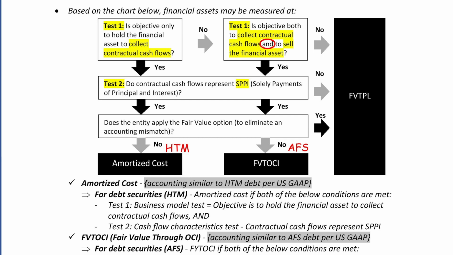Now, in case of test 1, if both the objectives are not met, no. Also, test 2 is no. Then as far as debt securities are concerned, we are talking about HFT, or held for trading debt securities, which are accounted for as fair value through profit and loss.